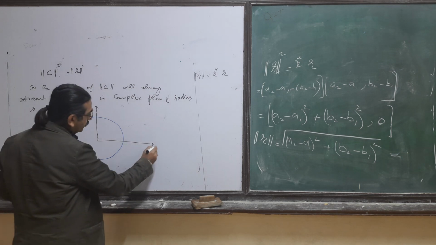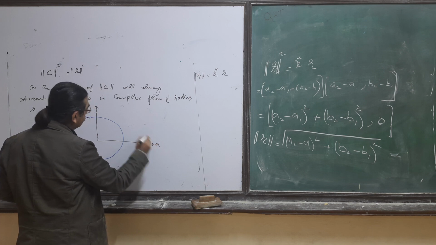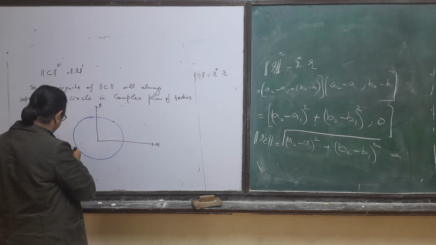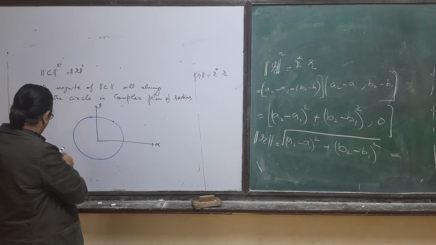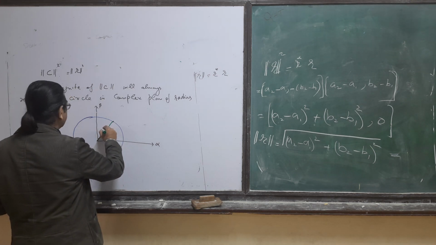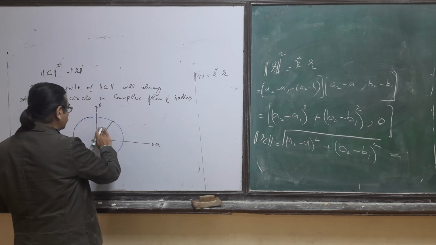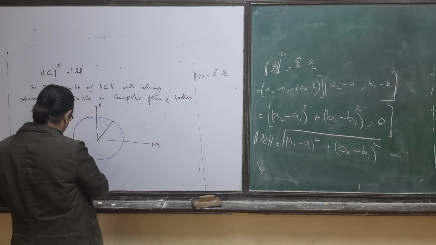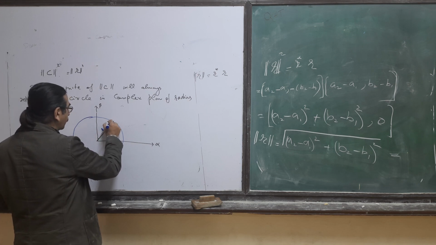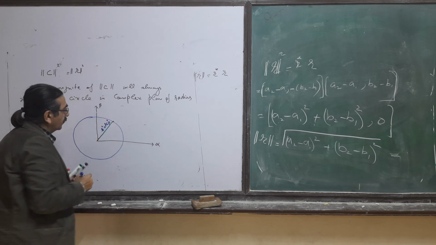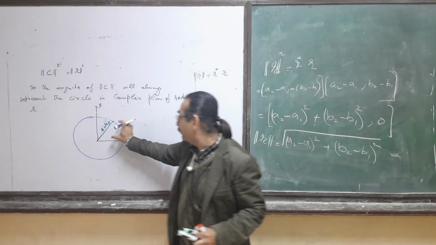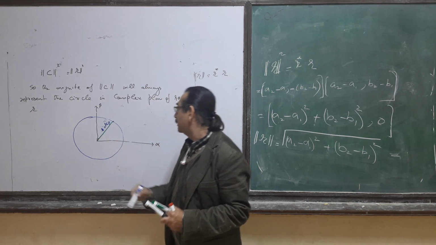This is point R. This is the length. This is the magnitude, and this magnitude is R. This point is the position with respect to R. So this will be the plane.